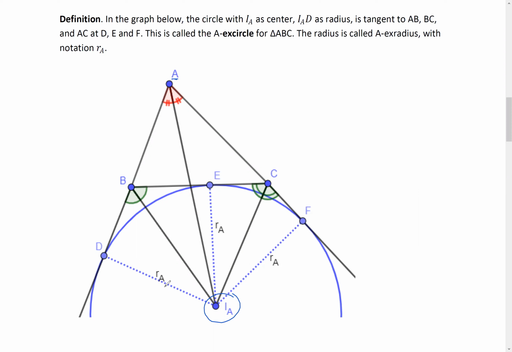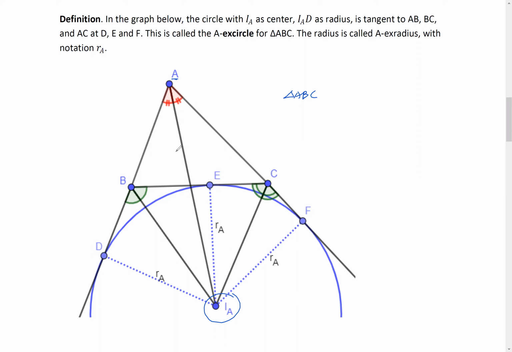All right, so in theory, a triangle ABC has three excenters, has three excircles. The graph is getting bigger, but let's just focus on one today.